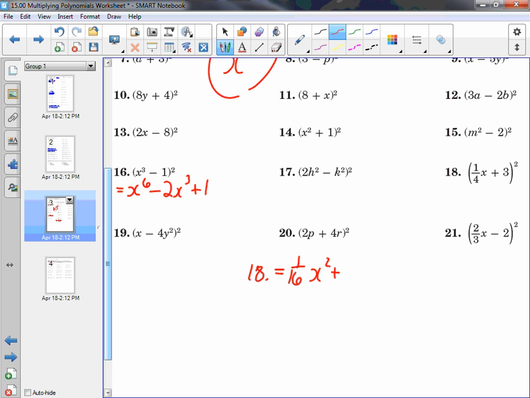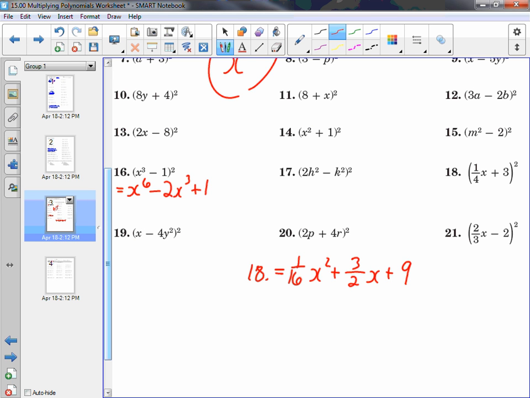Instead of 1.5, though, let's write it as a fraction. 3/2. You have mixed numbers, no good. Improper fractions. And what have I almost forgotten? The x. All right, it was 2 times 1/4 x times 3. Plus, because it's always a plus, second term squared. 3 squared is 9.